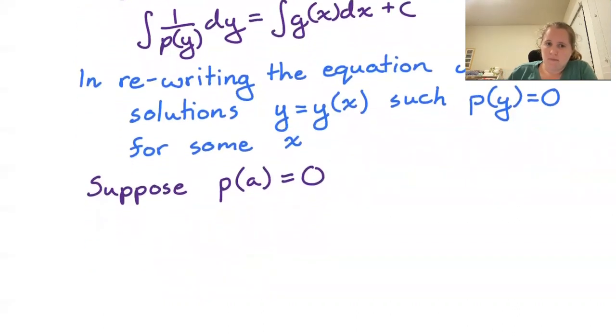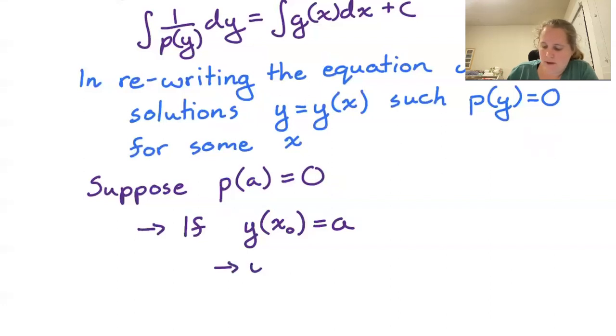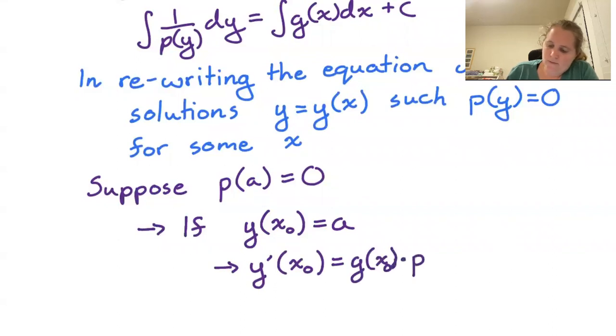Then what we would get is if y of some x value, so let's just say y of x naught, is equal to a, right? Then what we have is that y prime at x naught would be equal to g of x naught times p of a, and we get 0.